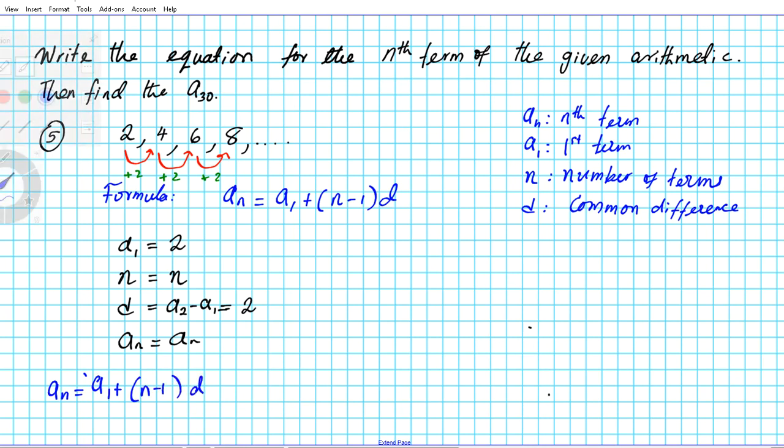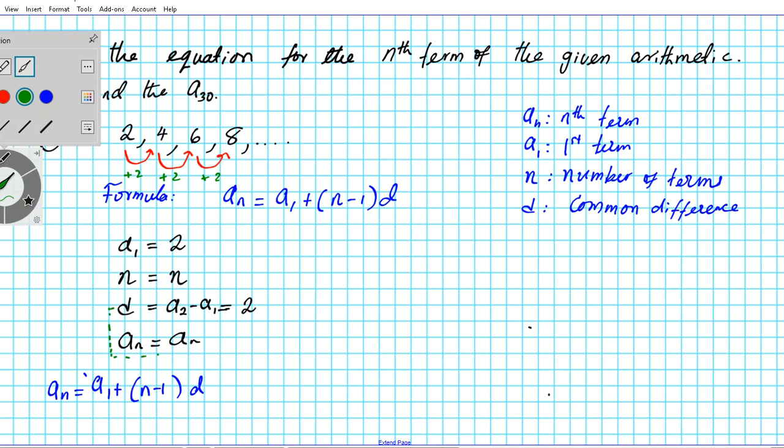So what we're going to do is take the common difference, which is 2, and plug it in for d. N stays the same, so just take n, stay as n. And then a1, the first term, is going to be plugged in right here.